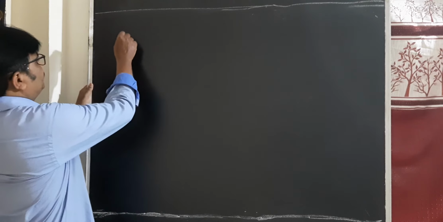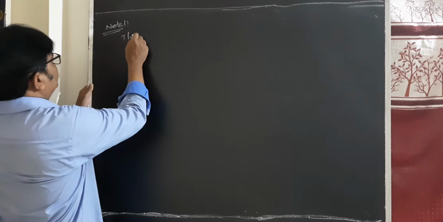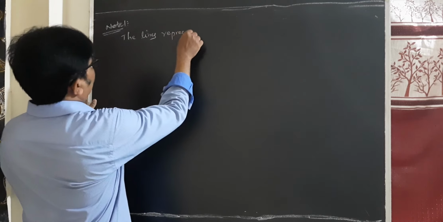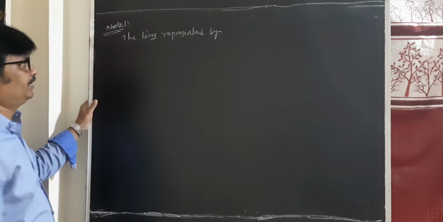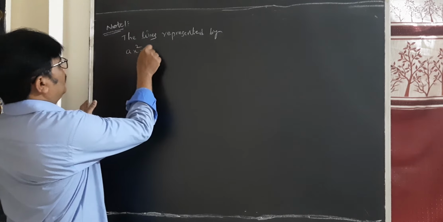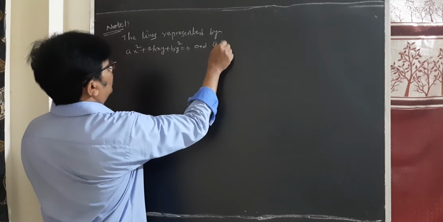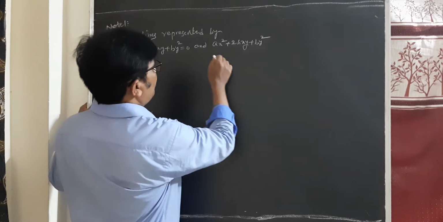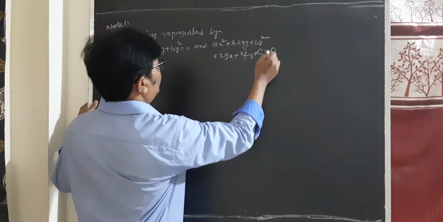Dear students, all of you write down the lines represented by ax square plus 2hxy plus by square equal to 0 and ax square plus 2hxy plus by square plus 2gx plus 2fy plus c equal to 0.